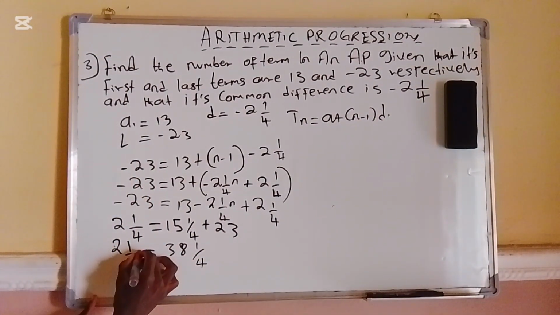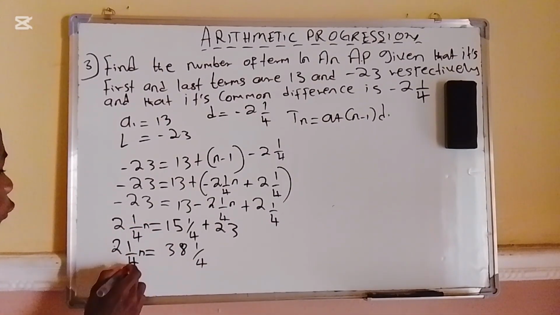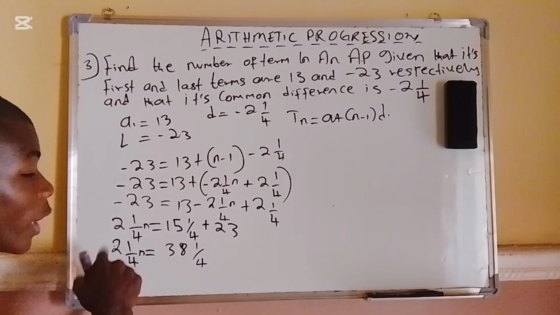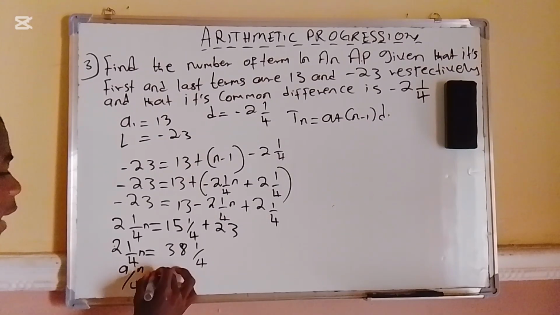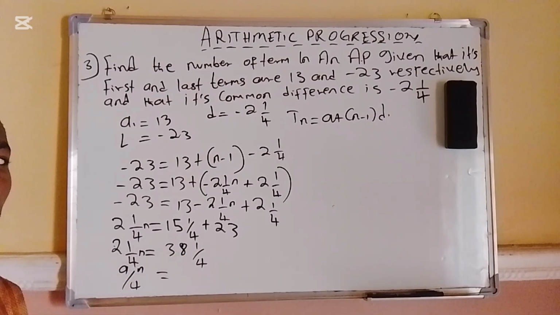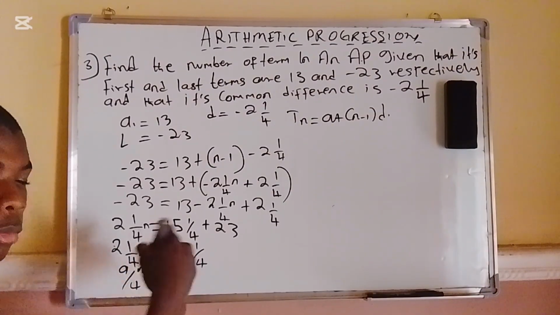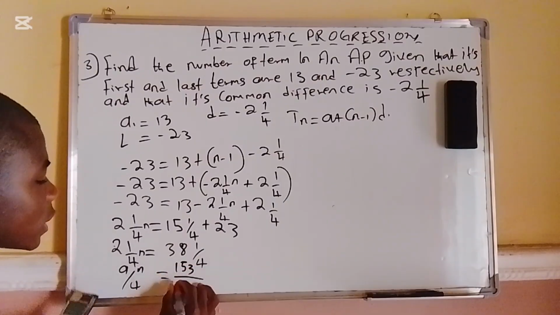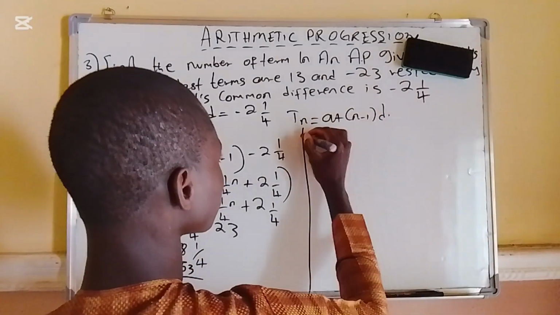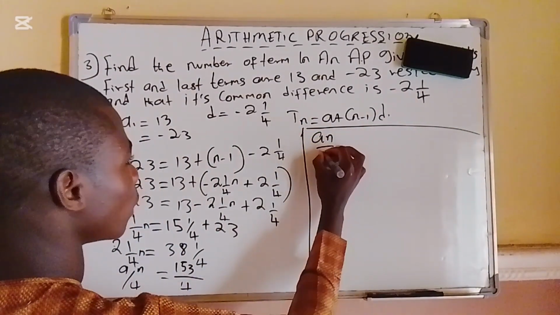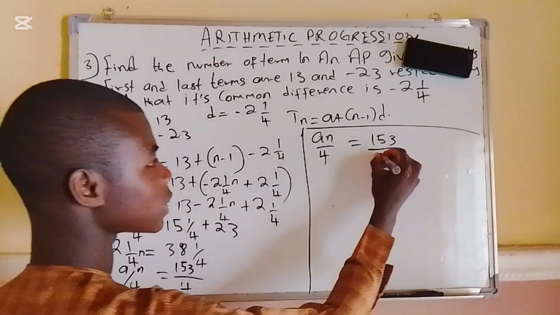Here I have n, because I'm looking for the value of n. So 4 multiplied by 2 is 8, and 8 plus 1 is 9, which is 9n over 4. And 38 multiplied by 4, I think, is 152, plus 1, which is 153 over 4. So 9n over 4 will be equal to 153 over 4.